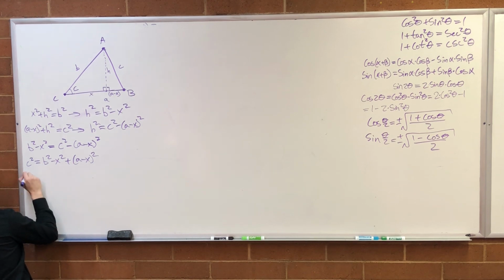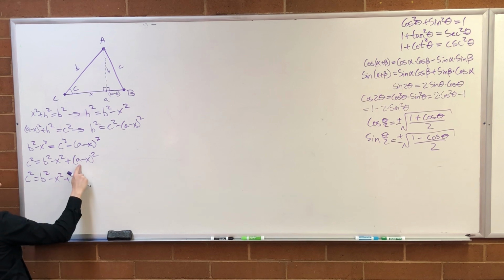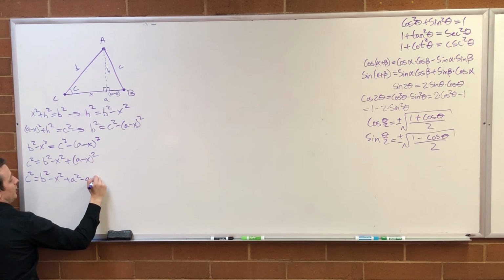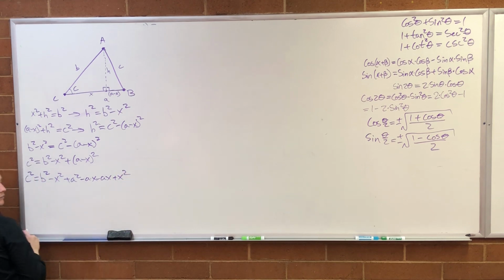So c squared is equal to b squared minus x squared plus a times a gives us a squared, a times minus x gives us negative ax, negative x times a gives us another negative ax, negative x times x is plus x squared.